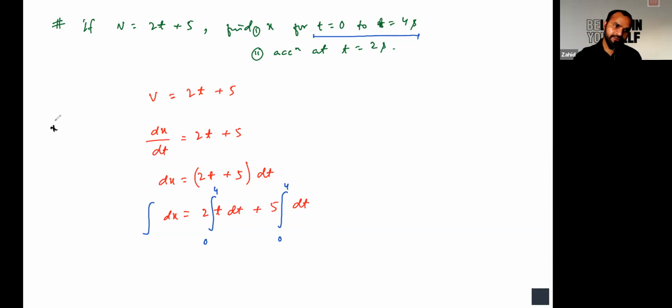For integration, we have the formula: integral of x to the power n dx equals just increase the exponent by 1 and divide by n plus 1. So in this section, we can write x raised to the power 0 and t raised to the power 0, as a function dependent on x and on time.